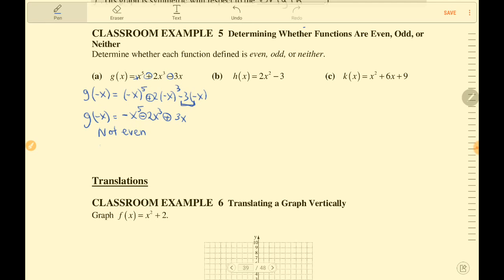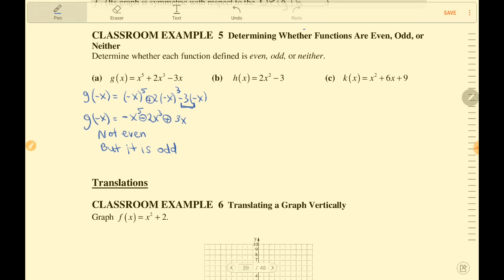However, it is odd. And how I know that is because every single sign is different than the original. And to illustrate that, if I factor out a negative right here, then I will have positive x to the 5th plus 2x cubed and negative 3x.